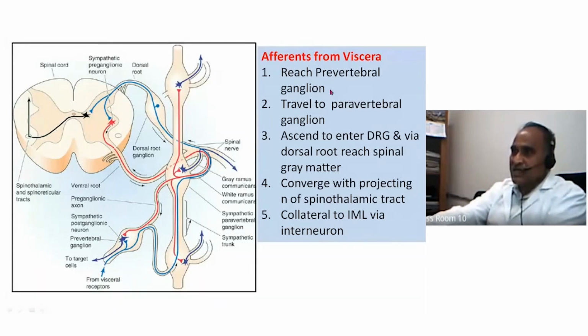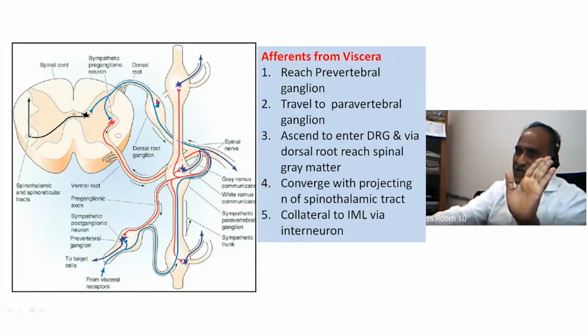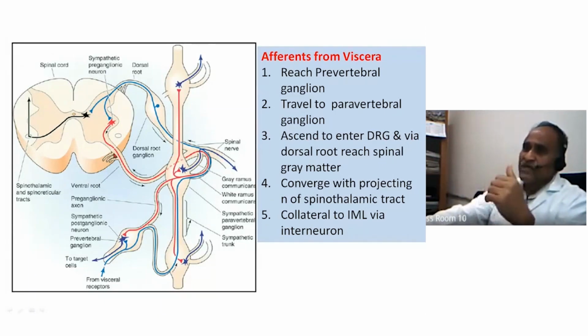Now I read this. Afferents from viscera reach the prevertebral ganglion or may directly reach the paravertebral chain. They travel through the paravertebral ganglion here, but there is no synapse. They will just ascend to enter the DRG, dorsal root ganglion, and reach the spinal gray matter.